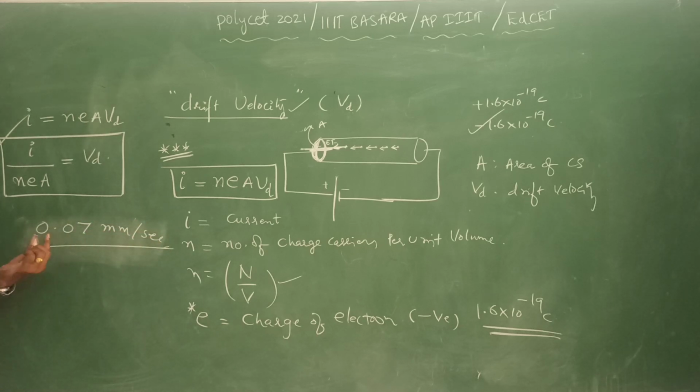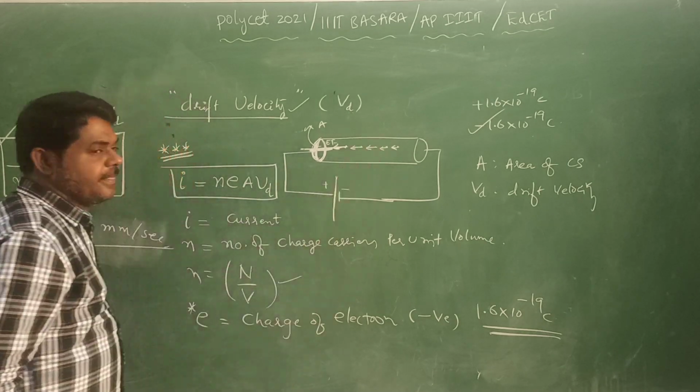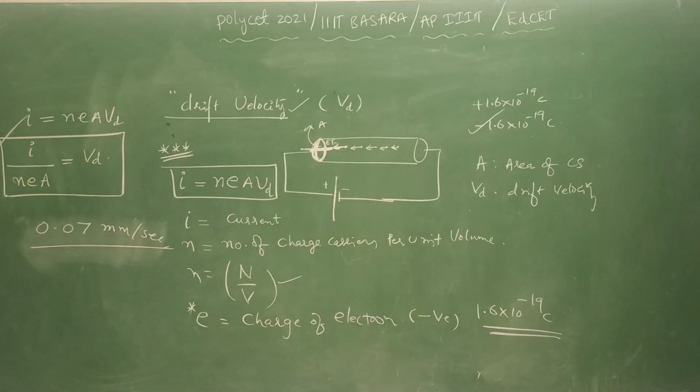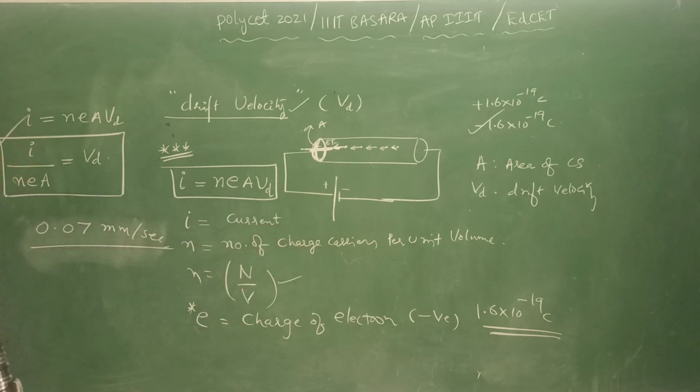You can imagine 0.07 is very small, and that too in millimeters. In 1 second it can't even move this much distance. Very slow they are moving. The electrons move very slowly after the application of the electric field.